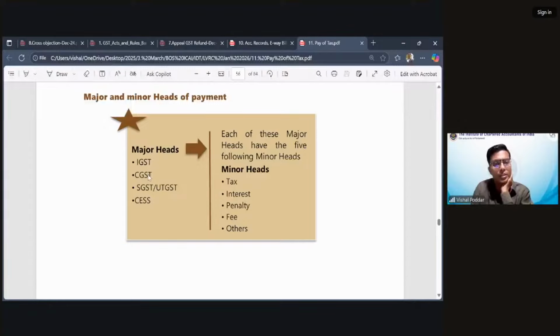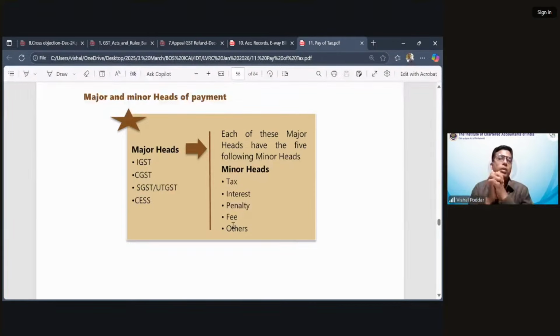Under the CGST heading, you have the subheadings of tax, interest, penalty, fees, and so on. So it is like a matrix where the columns are the major heads and the rows are the minor heads. Under each major head, you will have all the rows. When you are depositing money, you have to first create a challan, and in the challan, in this matrix, you have to fill in the amounts.